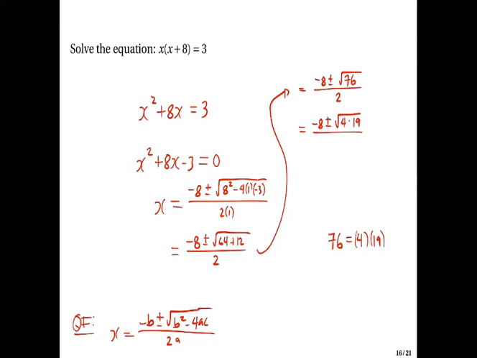But square root of 4, again, that's just 2. So minus 8 plus or minus 2 square root of 19 divided by 2. And therefore, we divide everything by 2, we'll just get minus 4 plus or minus square root of 19. And these are the solutions to this equation here.